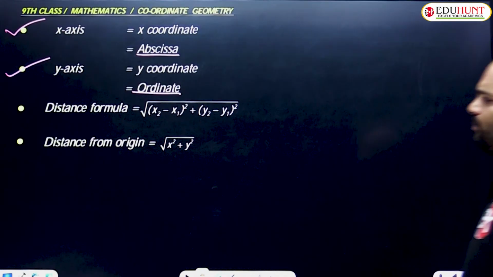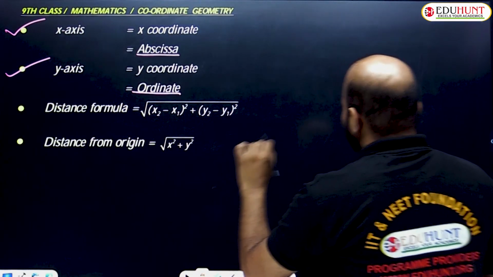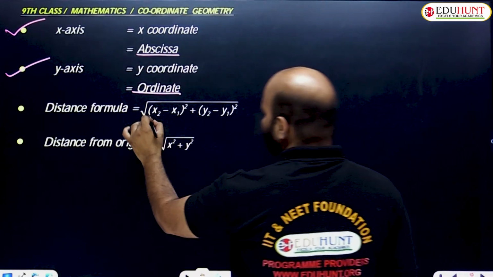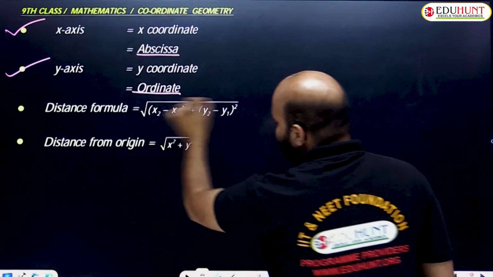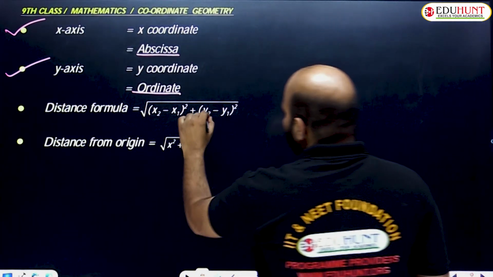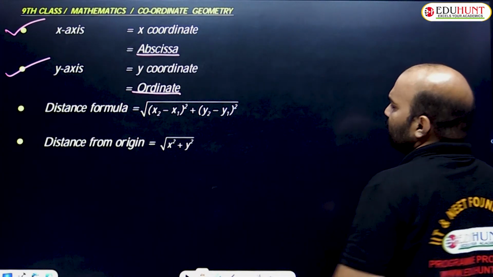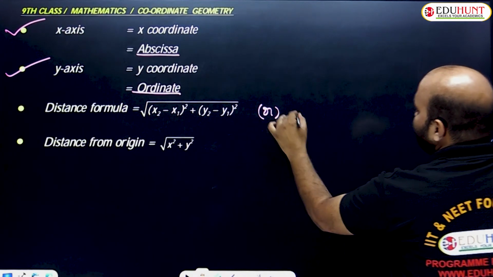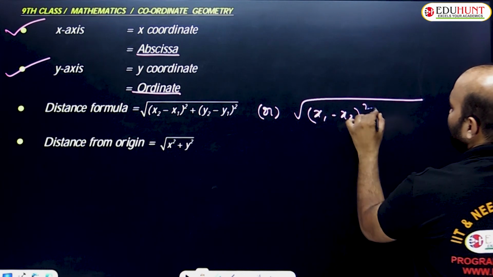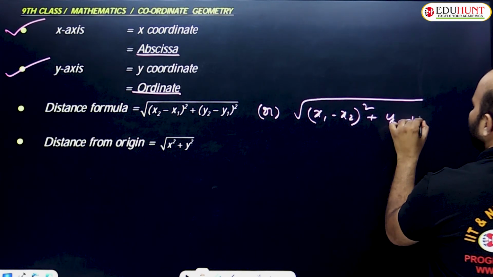Next, the distance formula. If you take any 2 points in a plane, how to find the distance between the 2 points? It is the square root of x2 minus x1 whole square plus y2 minus y1 whole square, or it can be written as x1 minus x2 whole square plus y1 minus y2 whole square.